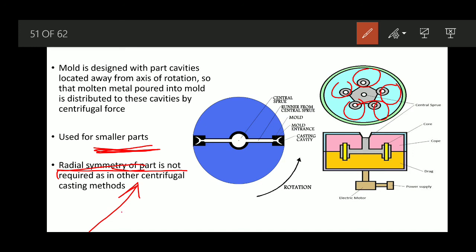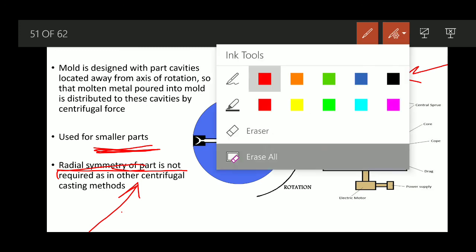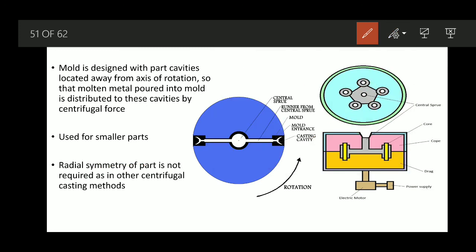So in a particular plate, you can say, there may be a number of mold cavities. From the middle we can pour the molten metal, and due to the centrifugal force it will be distributed to all those cavities which are at a distance from the center.